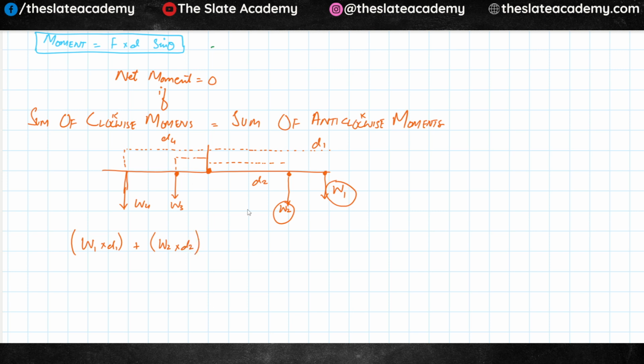If the seesaw is turning neither clockwise nor anti-clockwise, it means this is balanced by the moments of the kids on the other side. It would be W3 times D3 plus the other anti-clockwise moment, which is W4 times D4. Understood, sir?